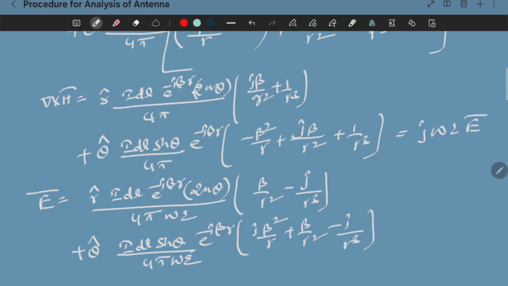We get j beta square plus beta by r square minus, yes, correct. So in this manner we will be having the E bar.